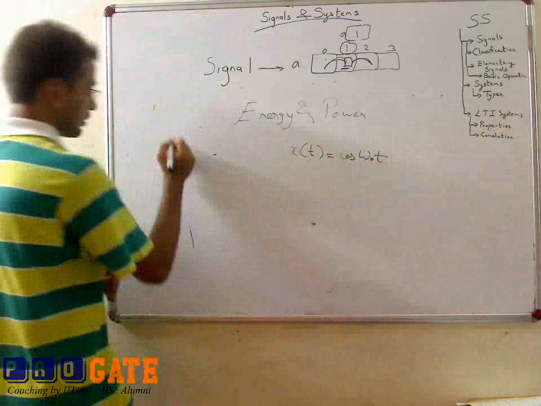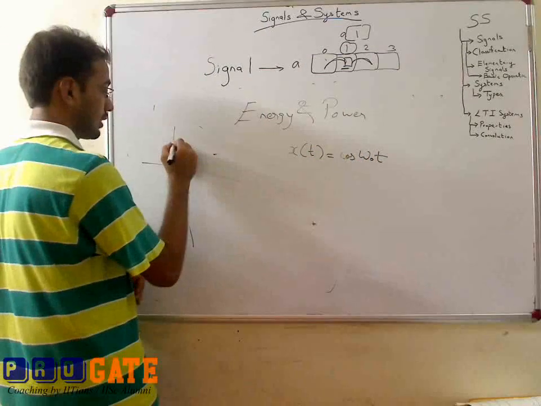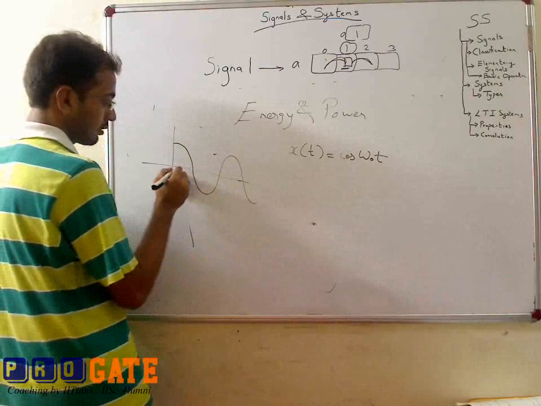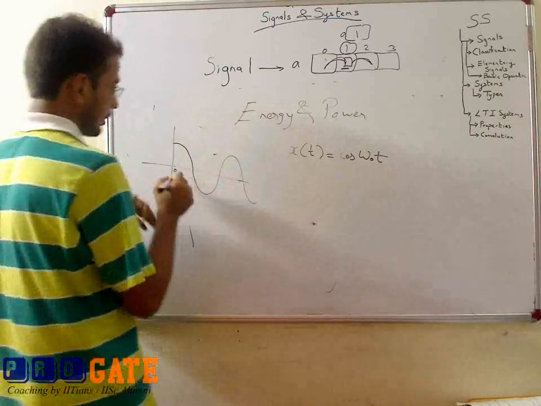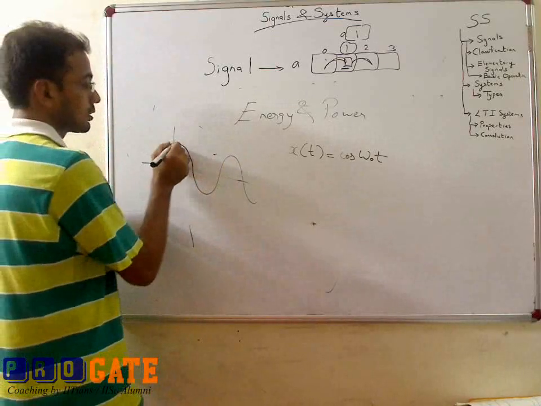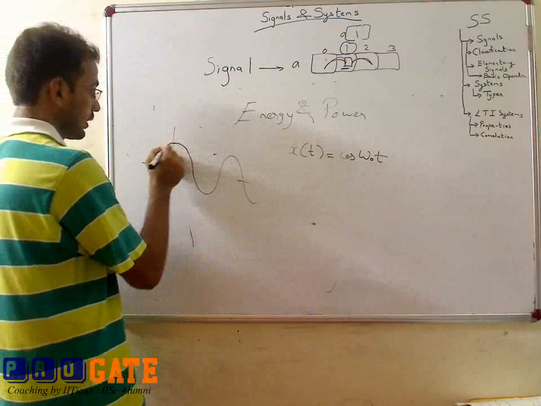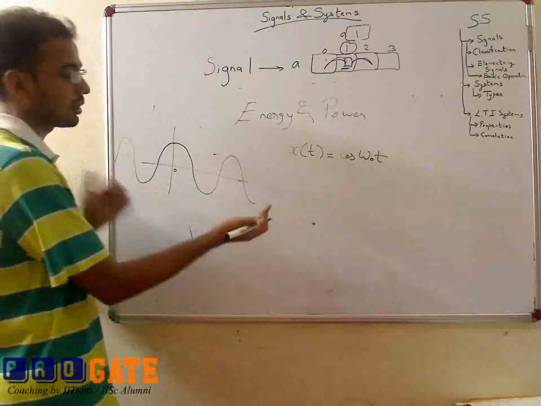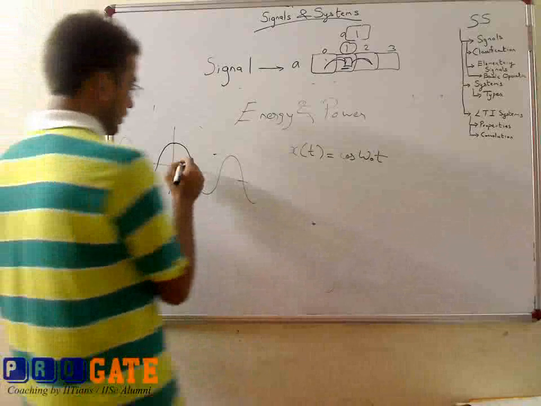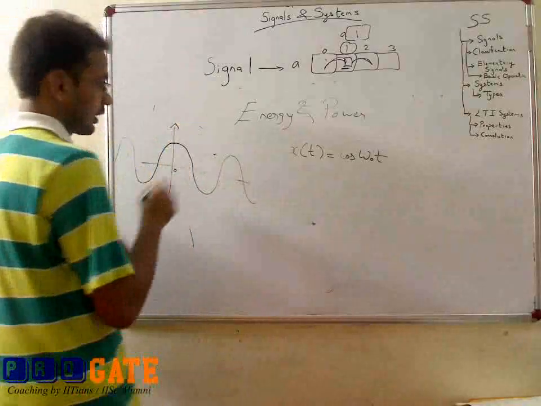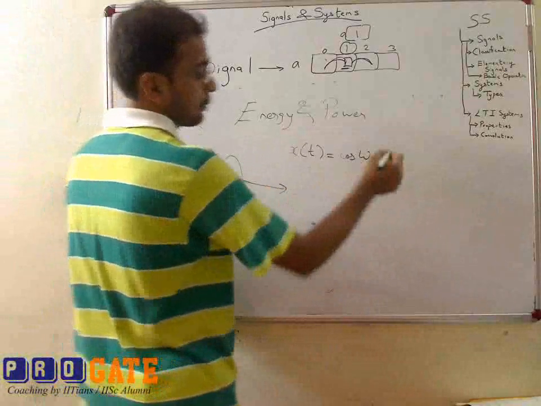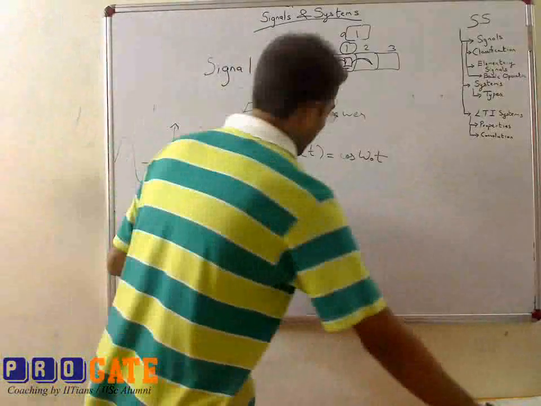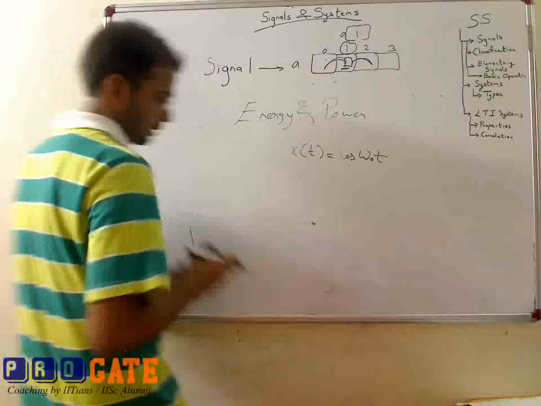Now if I draw the signal, my cosine signal will start from some amplitude and continuously repeat. We are assuming the signal starts at position 0, but if you take a general cosine signal, it will go in the negative axis also. This is my cos signal. If I don't limit it to some domain, it should extend to infinity.